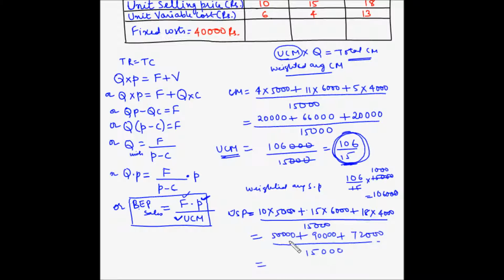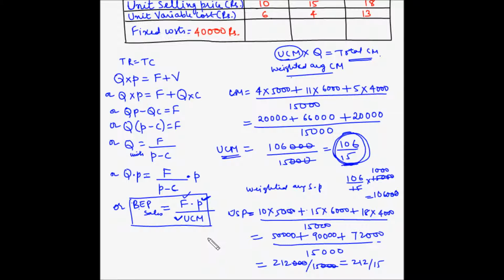So this is equal to 50,000 plus 90,000 plus 72,000, which is equal to 212,000 divided by 15,000, and this is equal to, we can cut these three zeros, so 212 divided by 15. So we got the weighted average unit selling price.